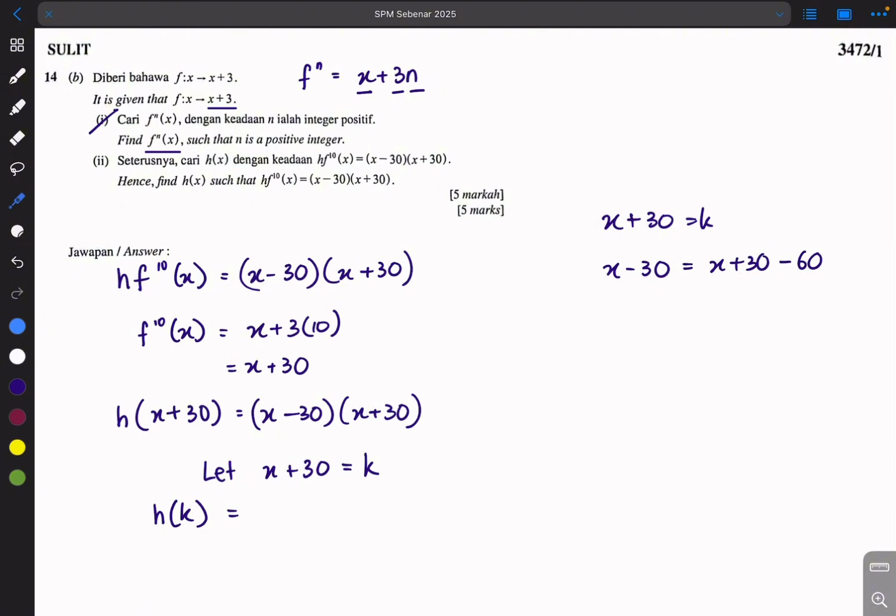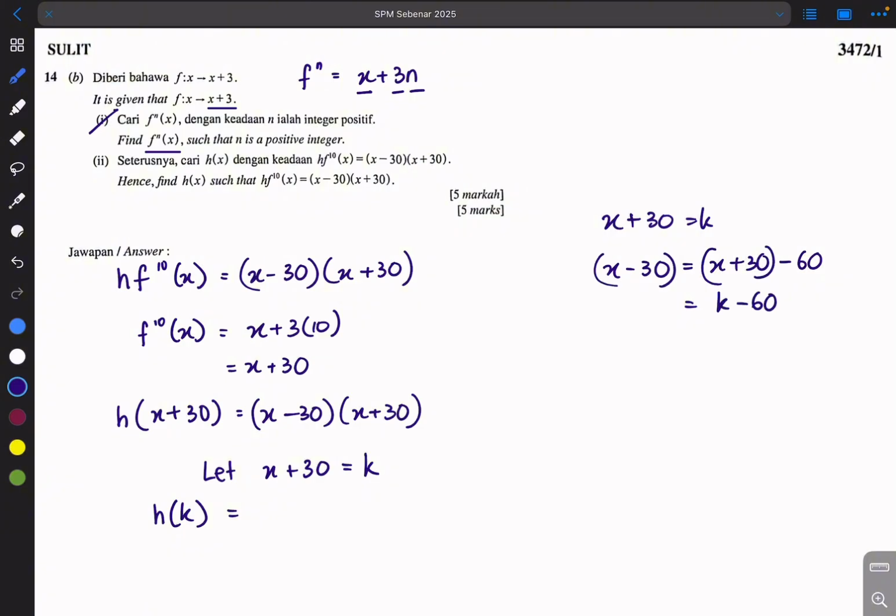Because 30 minus 60 will give us negative 30. The whole idea here is we want to relate k into this. So x minus 30 we need to find in terms of k. So x minus 30 is x plus 30 minus 60, which gives us negative 30, right? So we can say this is k minus 60.